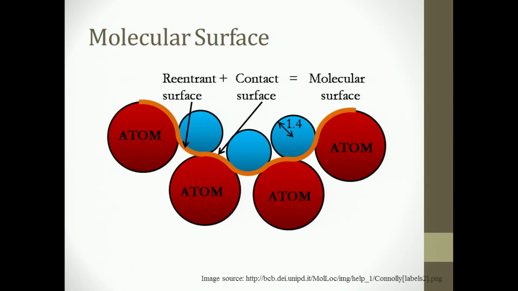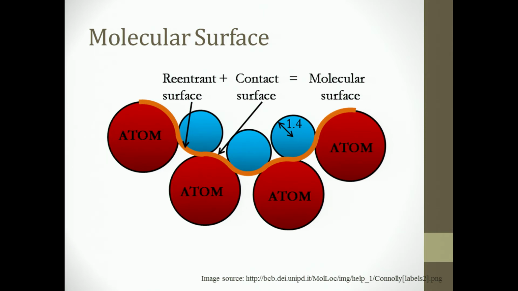One method takes another small atom, which you can consider a sphere, and here these atoms are also spheres. Then it tries to roll that sphere, which I can call a probe, over this.